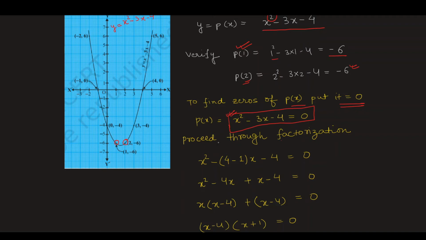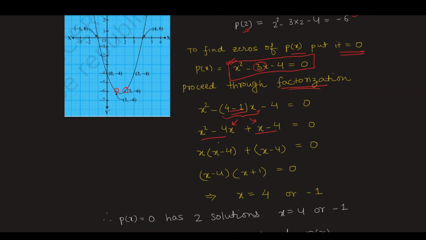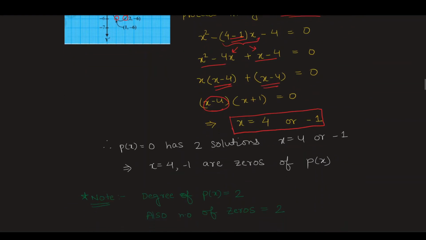We do factorization. x square minus, we write this 3 as 4 minus 1, then we split this term in these two parts, then we take common factors, and we get x is equal to 4 or x is equal to -1 as the solution. So p of x has two solutions, that is x is equal to 4 or x is equal to -1.